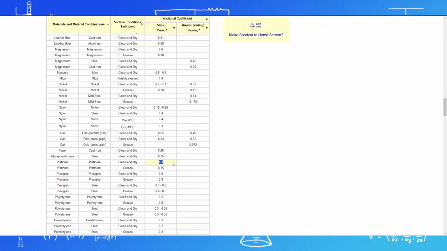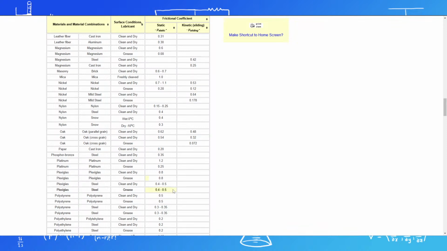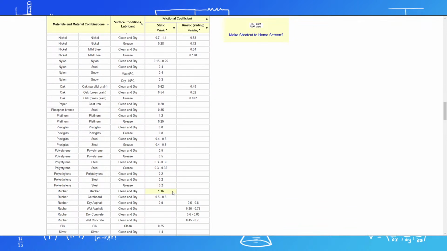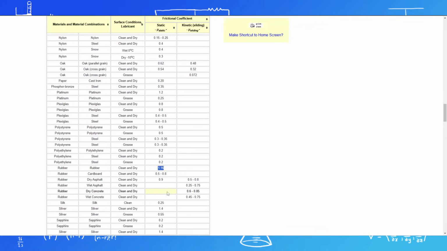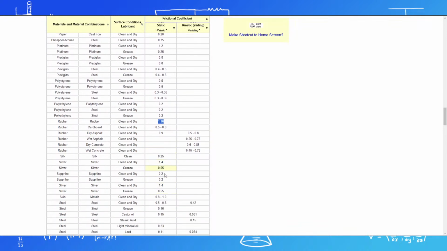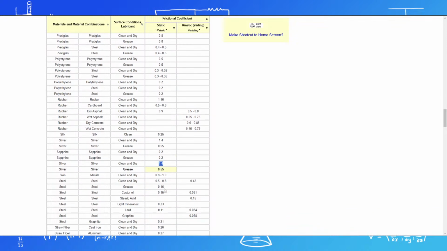That's not true. Friction coefficients can exceed 1. Here's another. Rubber on rubber is 1.16. Here's silver on silver is 1.4.